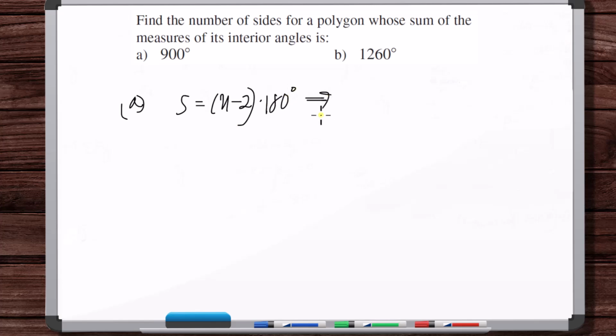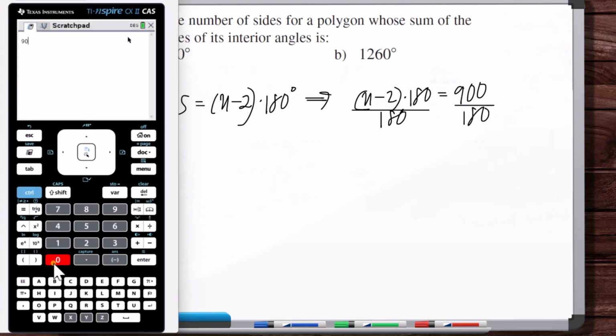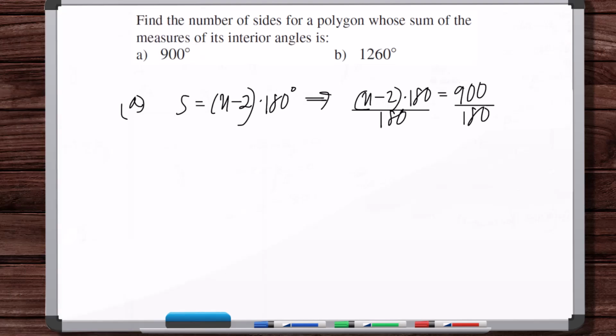We don't know n, but we know S in this case. So let's solve for n. We divide both sides by 180. 900 divided by 180 is 5. So n minus 2 is equal to 5. So n is equal to 7.